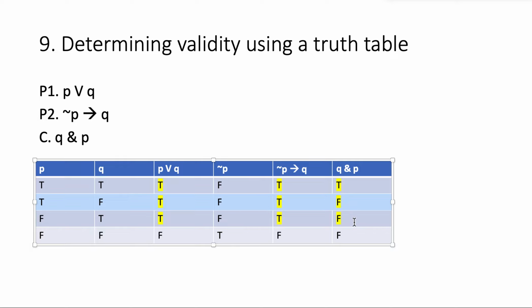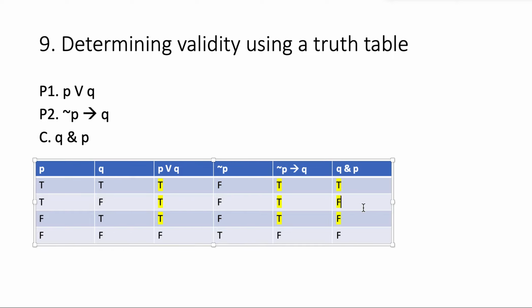So whatever's going on in row 3 is actually unimportant because I've already found one row at which I have true premises and a false conclusion, and that's sufficient for me to show that the argument is not valid. If the argument was valid, I would have truth in the conclusion row every time I have truth in all of my premises.